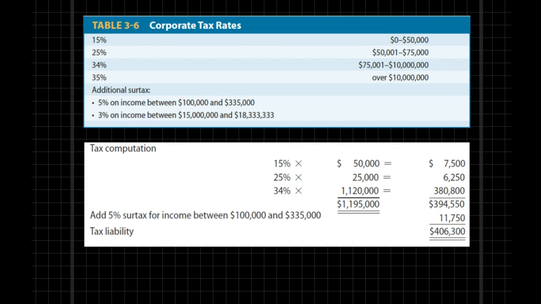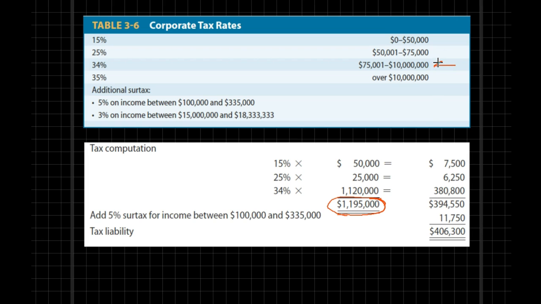Now, we recall that our taxable income so far was $1,195,000, this figure here, and we need to be cautious now. So this figure falls into the third tax bracket.